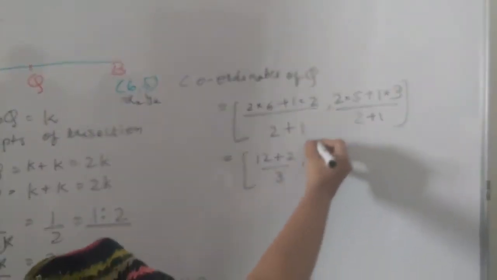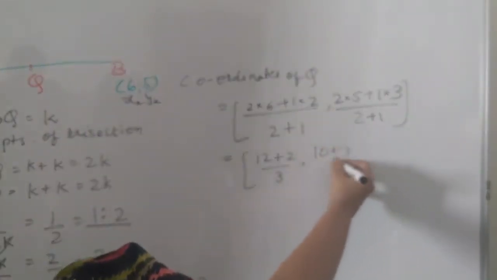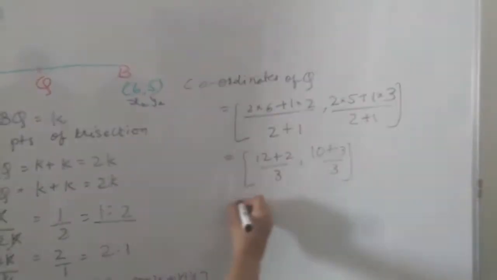Now calculating: 6 twos are 12 plus 2, over 3. And 5 twos are 10 plus 3, over 3. So 12 plus 2 is 14 by 3, and this is 13 by 3. So now we get the coordinates of Q also.